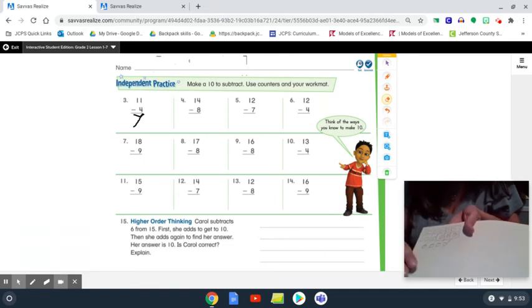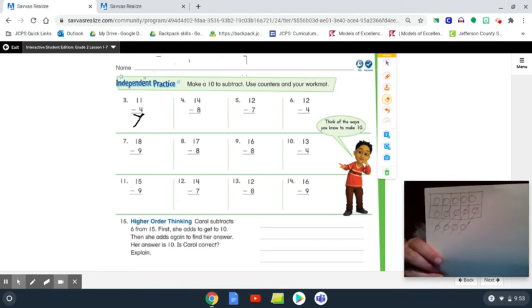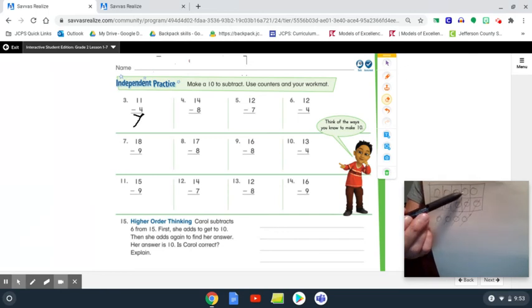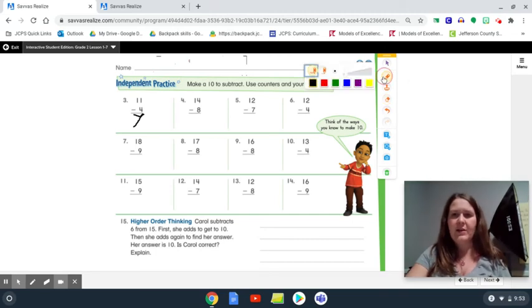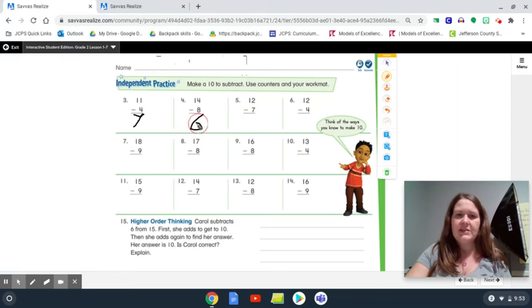I got rid of 8. And now how many do I have left? Well, let's count them. 1, 2, 3, 4, 5, 6. So my answer, let's go back to our pencil, would be 6.